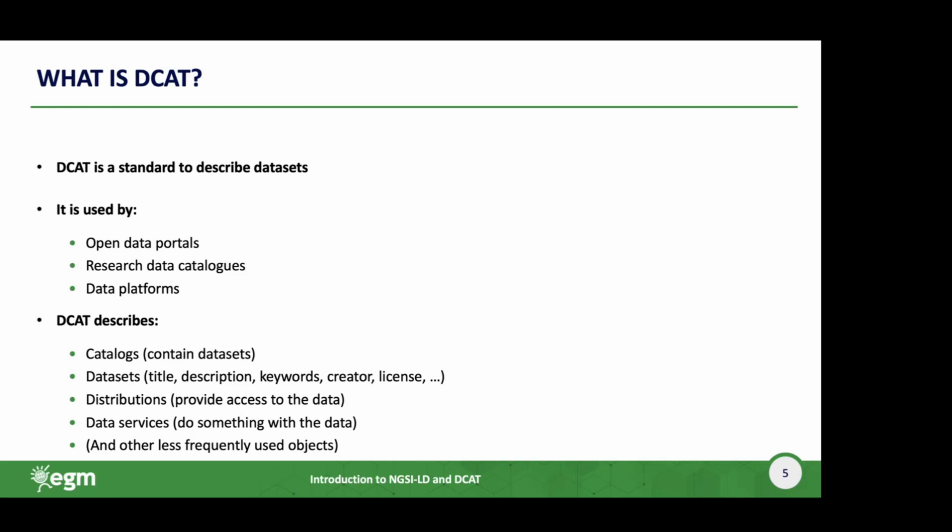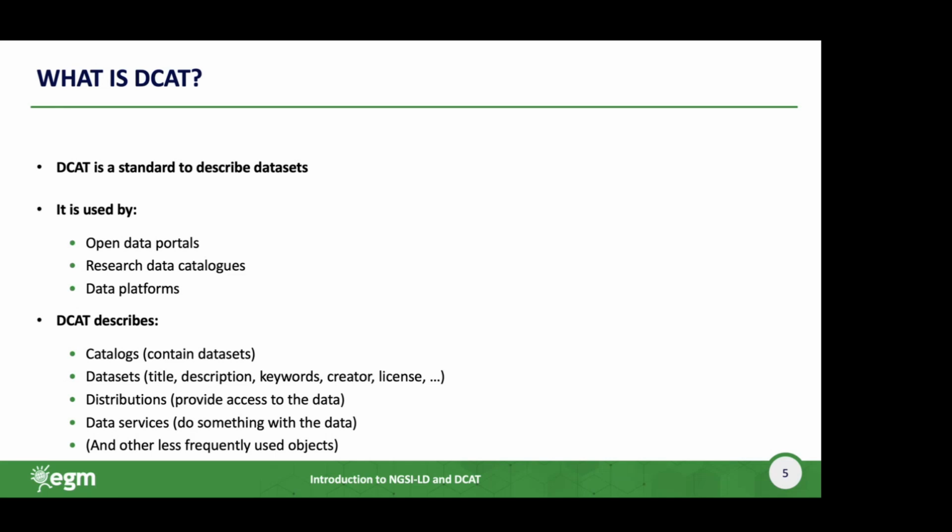And as a bonus, you will often find also the data services. Data service is the term that is used to describe anything that does something with the data. So it can be some AI process, some basic processing like calculating averages and sums, or providing access to the data.